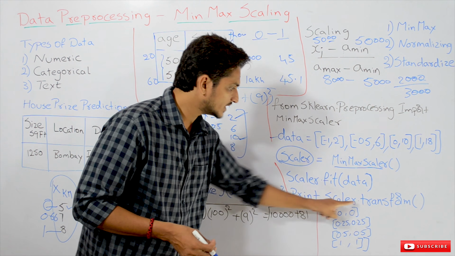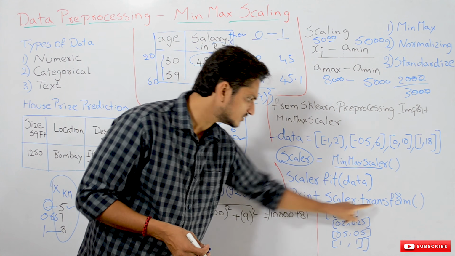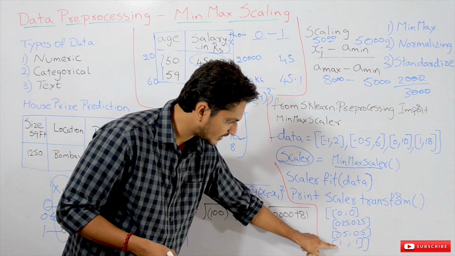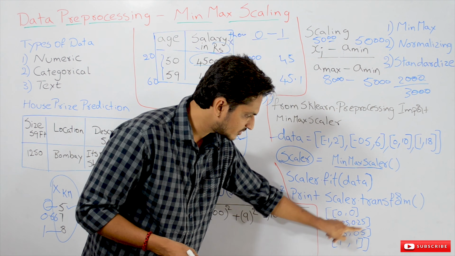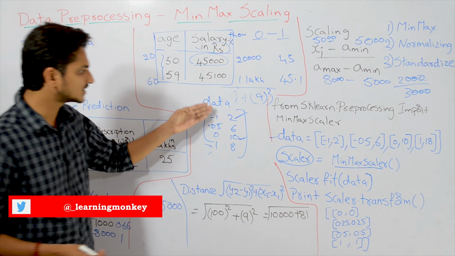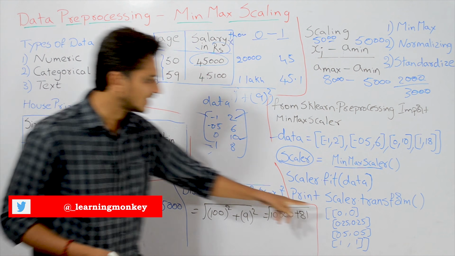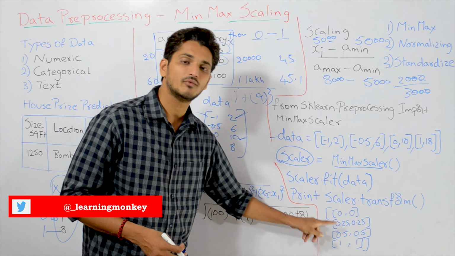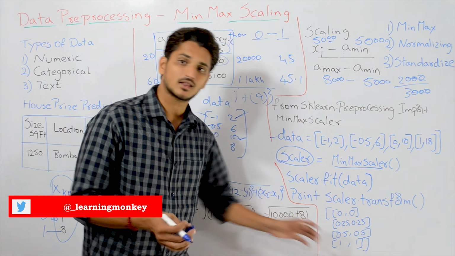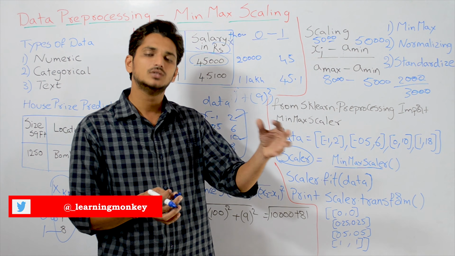Now we are displaying these transformed values: 0, 0.25, 0.5 and 1, and again 0, 0.25, 0.5 and 1. Every value is converted to a value between 0 and 1. The minimum value is converted to 0, the maximum value is converted to 1, and the remaining values are between 0 and 1.